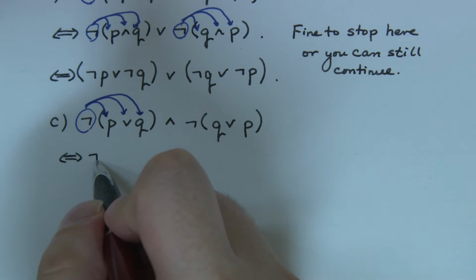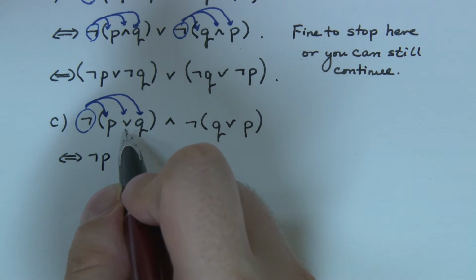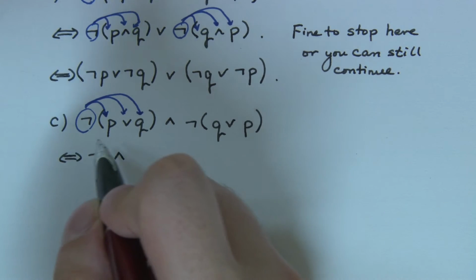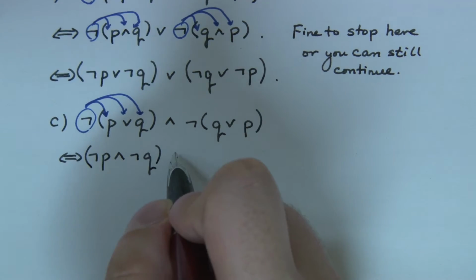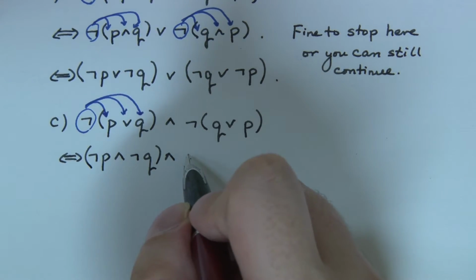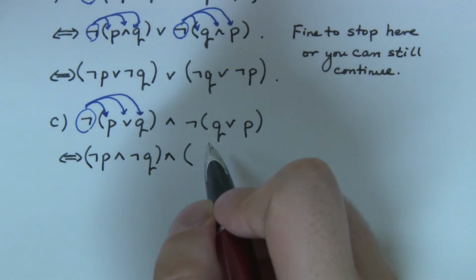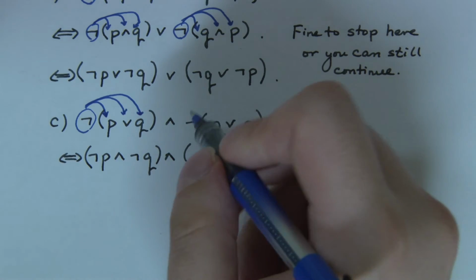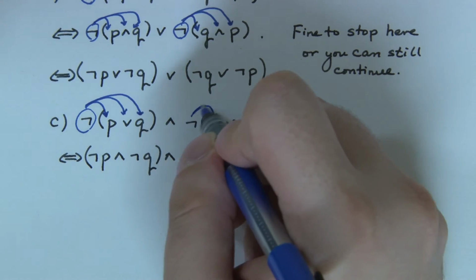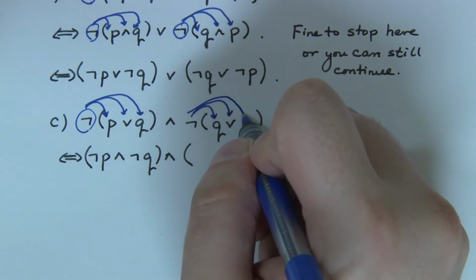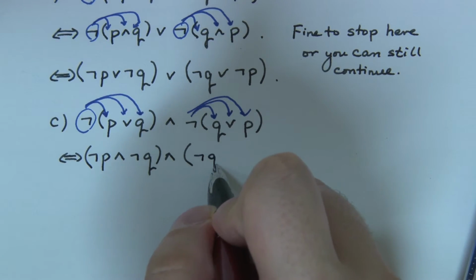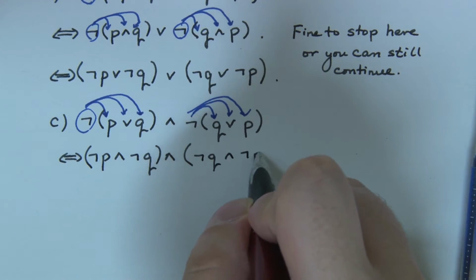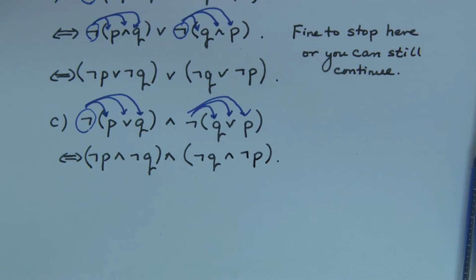So I get a not P. The disjunction flips to an and, and the negation of Q. Keep the and out front here. I also get, okay, so I get not Q and not P. Okay.